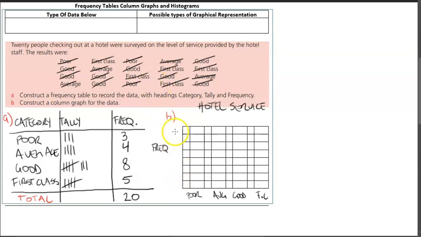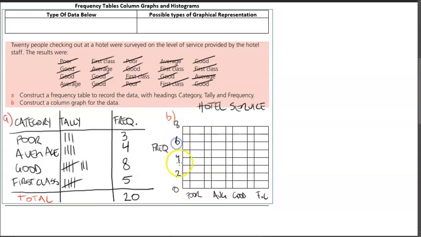You want to put on the left hand side the highest frequency out of the 4 different choices. In this case, our highest is 8. So maybe we can start at 0 and go up, where each block is represented by 1. So 1, 2, 3, 4, 5, 6, 7, and then 8.